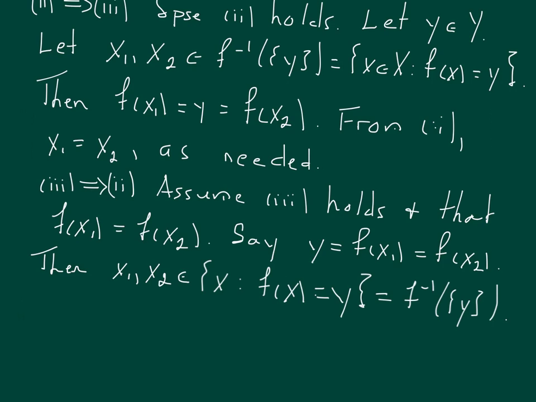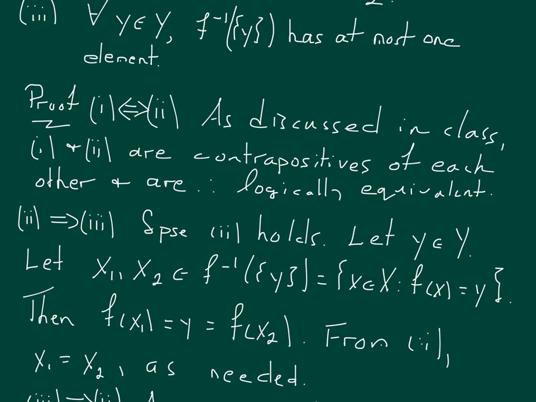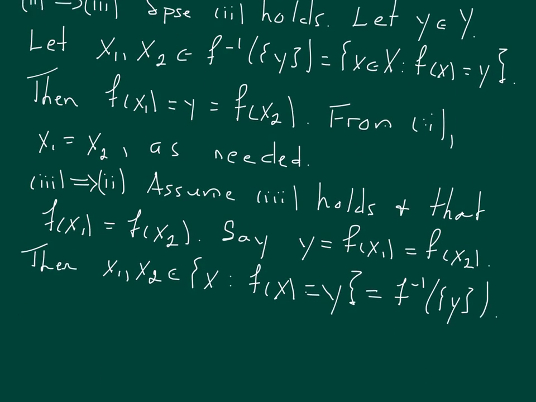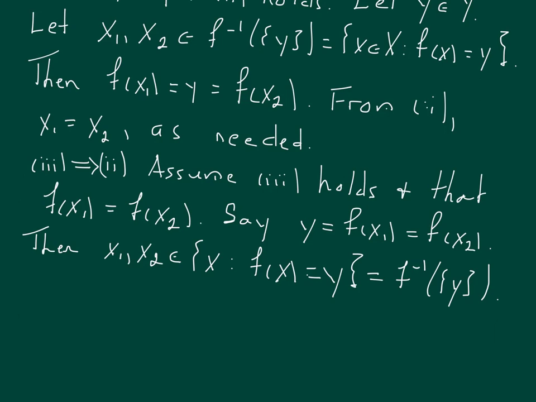But what are we assuming? Well, we're assuming statement 3. In other words, we're assuming that any single one of these preimages has at most one element, and what do we know? Well, we know at the moment that x1 and x2 belong to this set, which can contain at most one element. What can we conclude? x1 certainly couldn't be distinct from x2, otherwise we would have more than one element in the set. x1 therefore must equal x2.